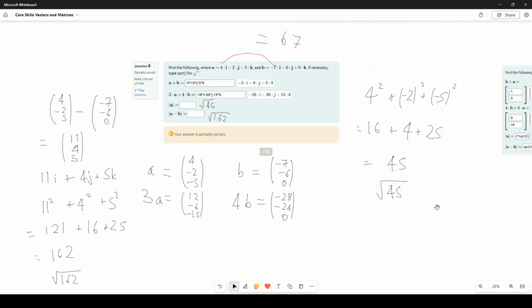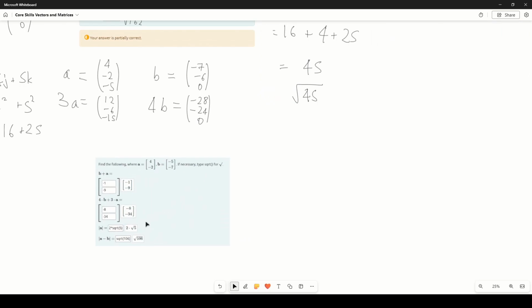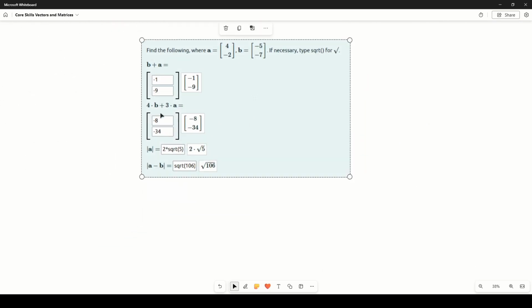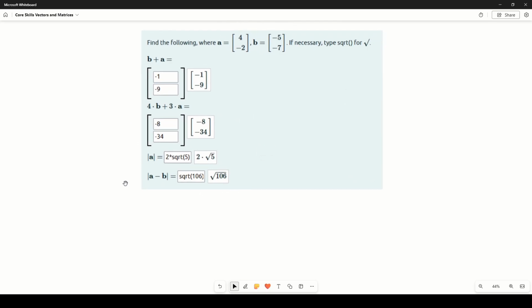Thank you very much for that, Professor Wiz. Now, there's an alternate case you can get for question 6 here, where it's kind of similar, but it's displayed as a matrix instead. And the difference between a vector and a matrix is that matrices can be bigger.